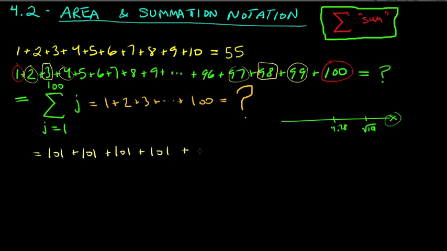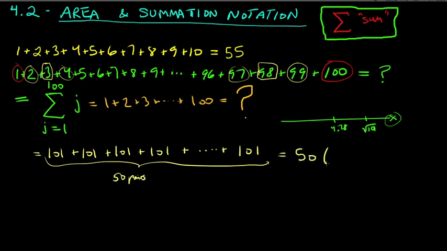So now the question is, well, we add up a bunch of 101s, how many times, right? How many pairs of numbers do we have? Well, if we have 100 numbers, we have half of those, right? 50 pairs, right? So there's going to be 50 pairs of numbers, each adding up to 101. So you just have to do 50 times 101.